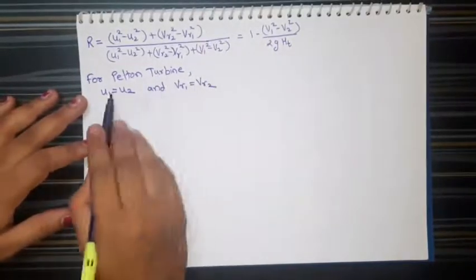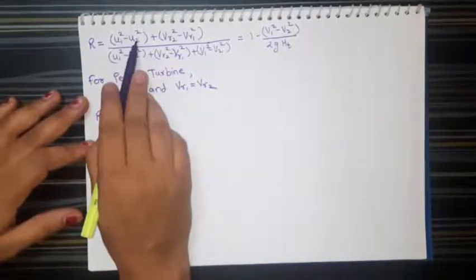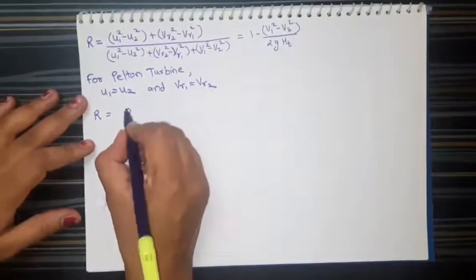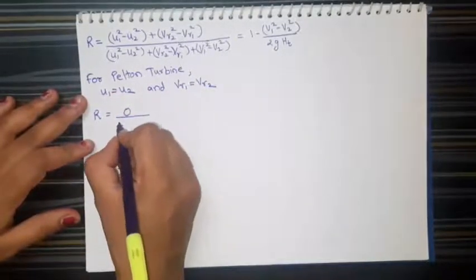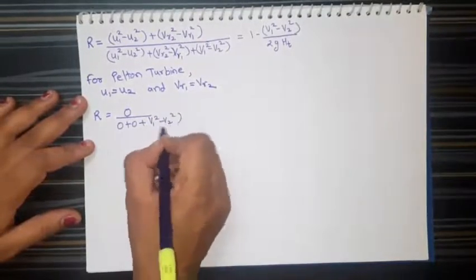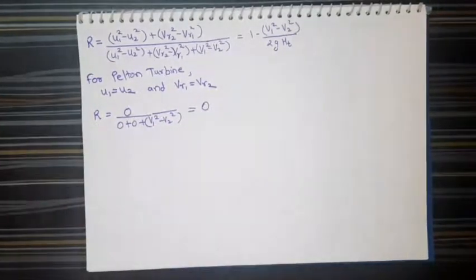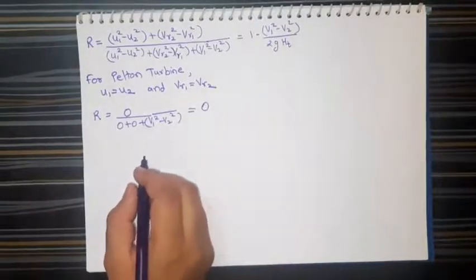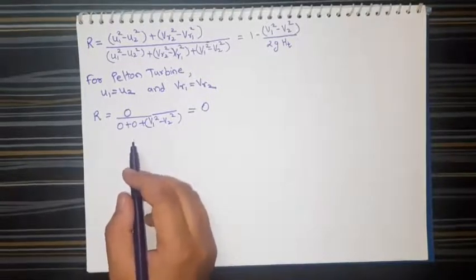So if we put both these values over here, we will get R is equal to U1 minus U2, this will be 0, as well as VR2 minus VR1, this will be 0, and we will get 0 divided by, again this term is 0, this term is 0, so we will get 0 plus 0 plus V1 square minus V2 square, and the whole degree of reaction will be 0. This means that in a Pelton turbine, there is no pressure energy responsible to get the work done.